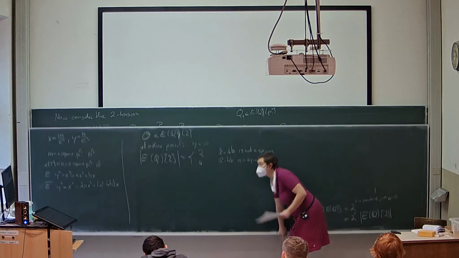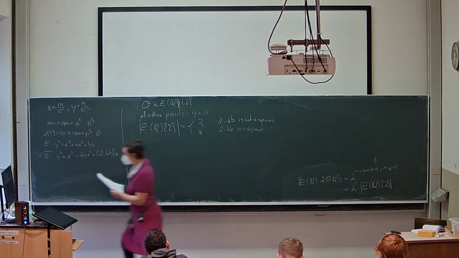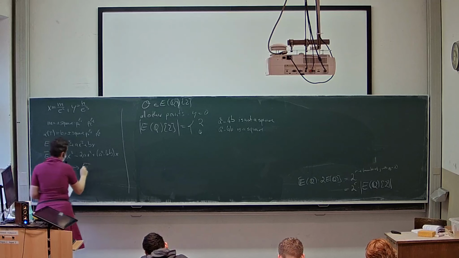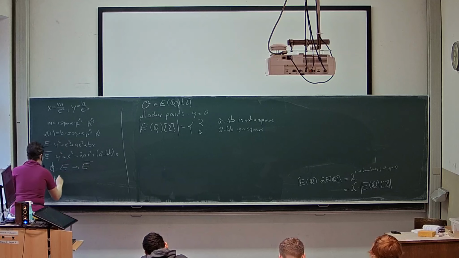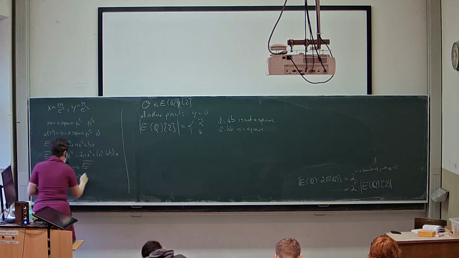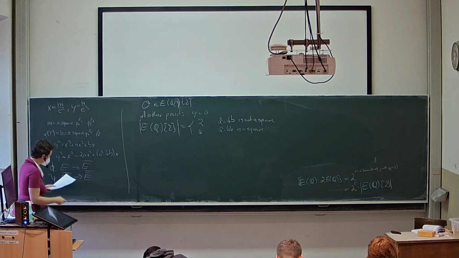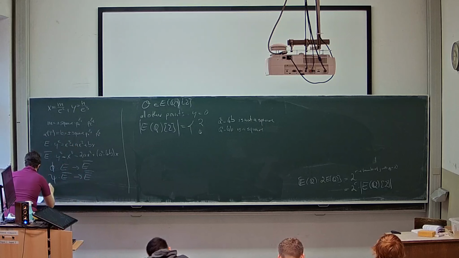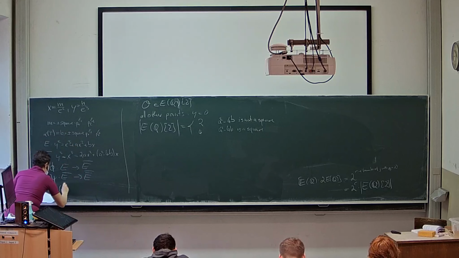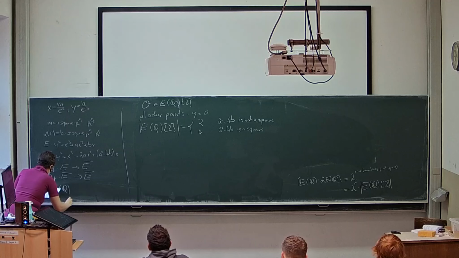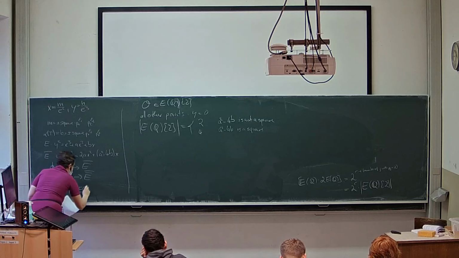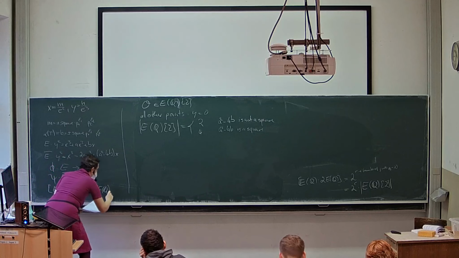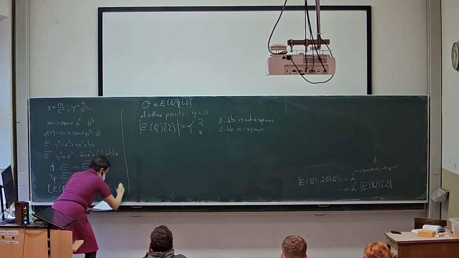So remember that we had our 2 homomorphisms from E to E bar, and this one from E bar to E bar bar. And what we also proved, so I will write it here, is that this index is the same as this one.